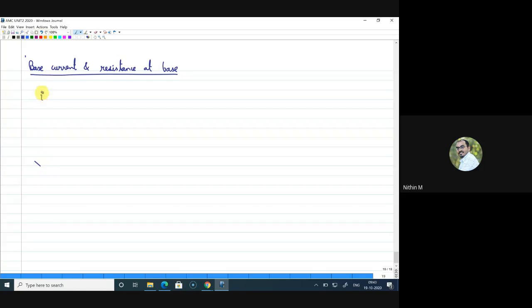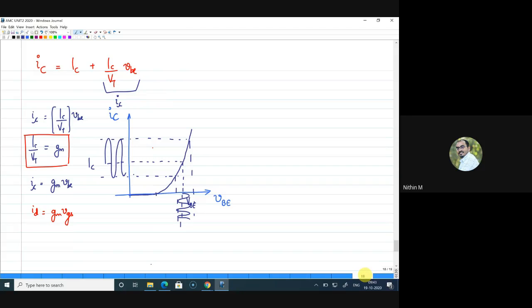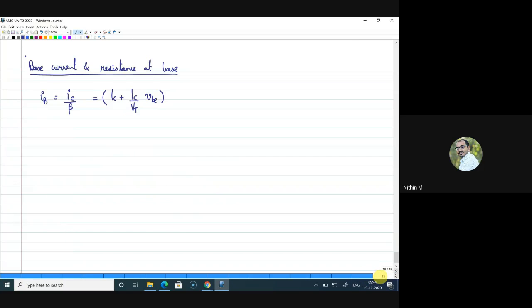So I know that base current IB can be written as IC by beta, right? Or this can be further written as IC plus IC by VT into vbe, which is what we have written just now, into 1 by beta, right?